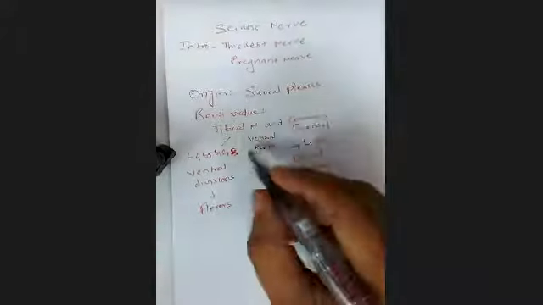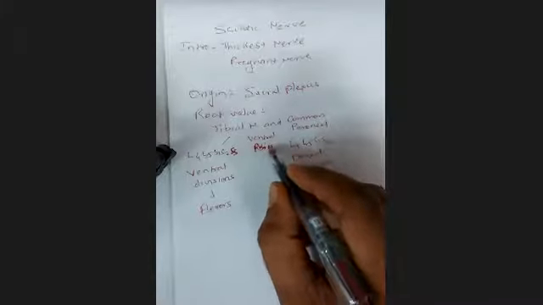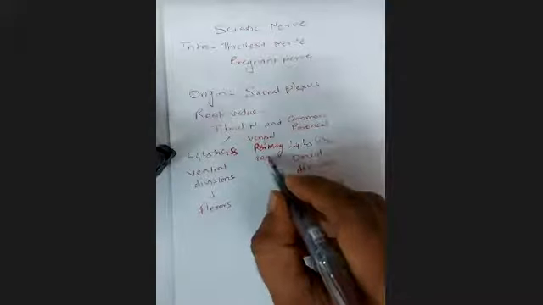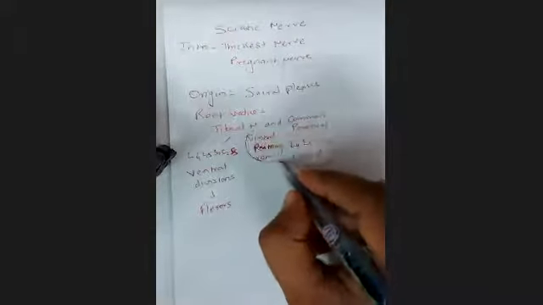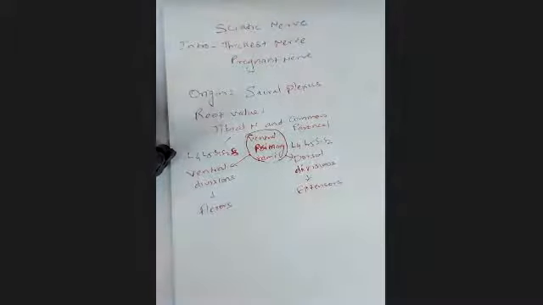Both of them are from the ventral primary rami, which form the plexus, because the dorsal primary rami directly supply the muscles of the back. They don't form the plexus. So both of them are from the ventral primary rami, but ventral primary rami divide into ventral divisions which supply the flexors and dorsal divisions which supply the extensors.